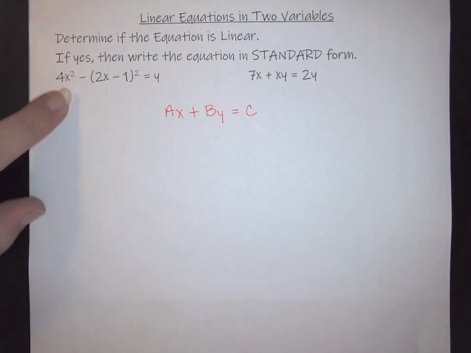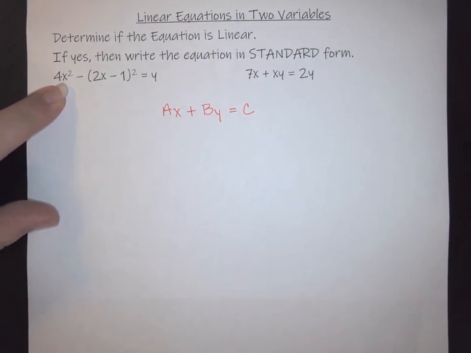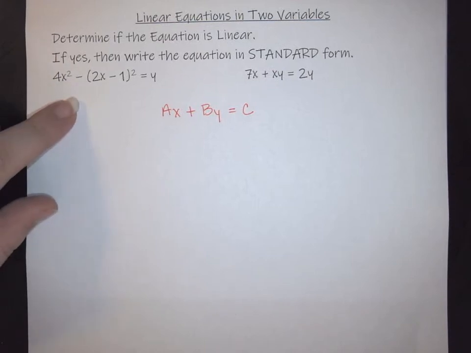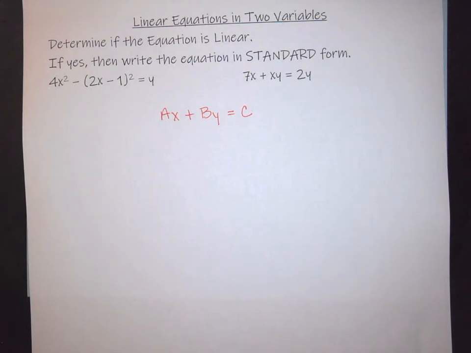Now, just because this equation has a square does not necessarily mean that you can automatically assume it's not linear. Instead, you have to expand out this part by FOIL and then see if you can get the quadratic piece to cancel.